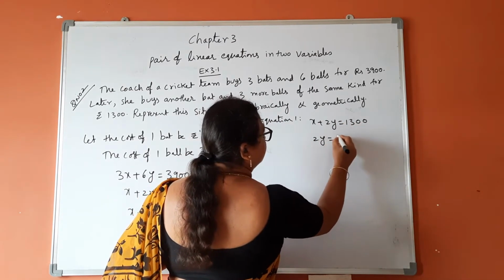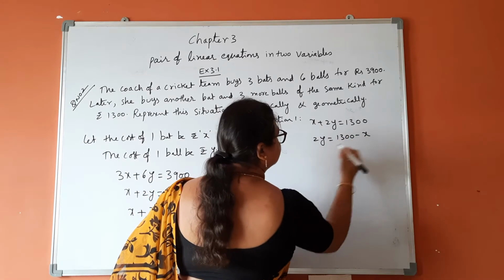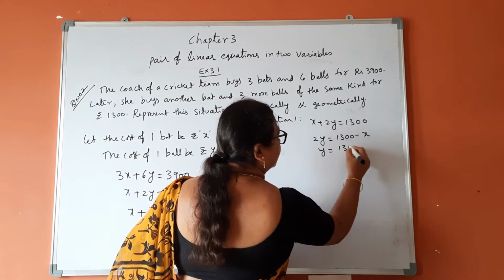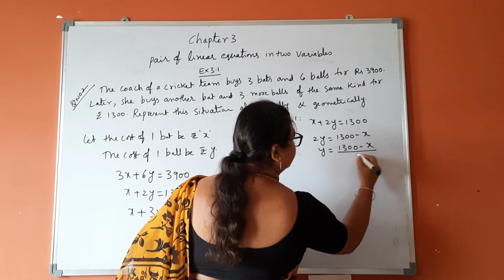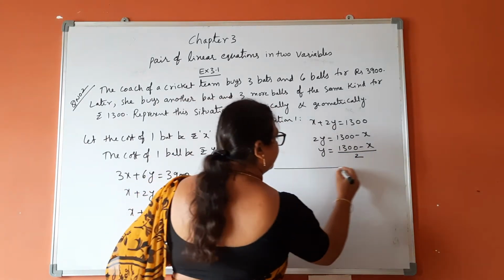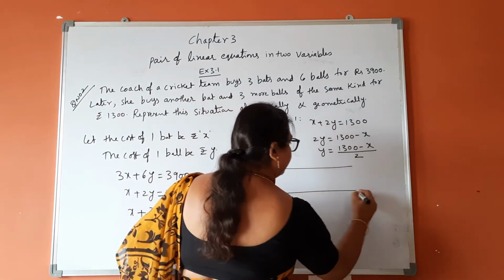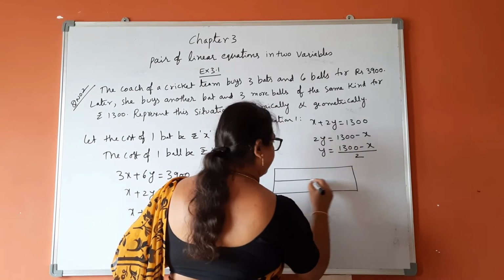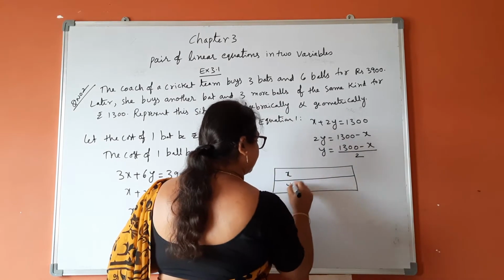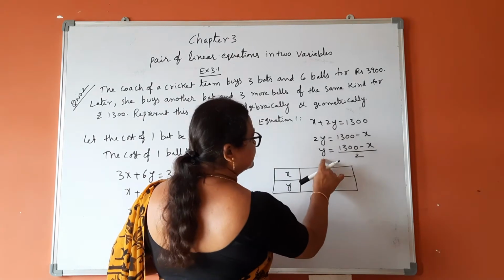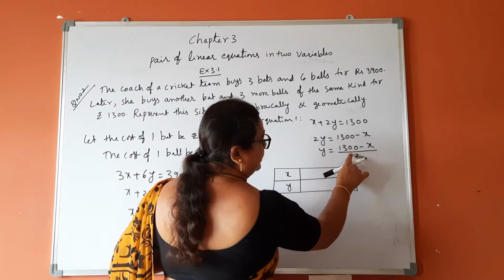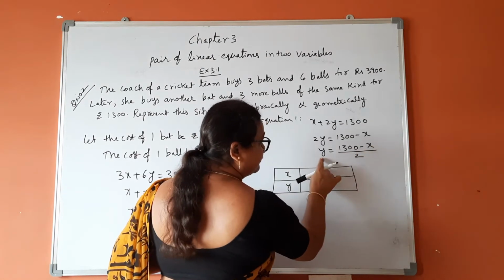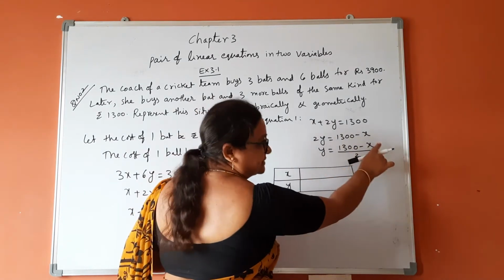So 2y is equal to 1300 minus x. Y is equal to (1300 minus x) by 2. Here y is depending on the x value.